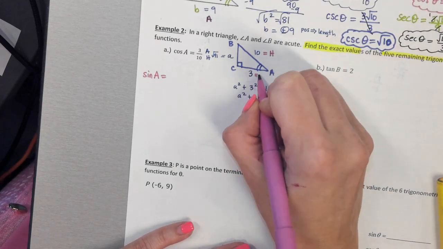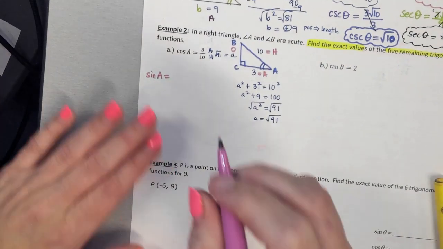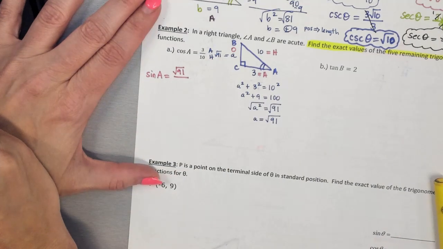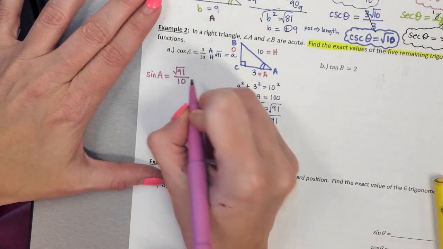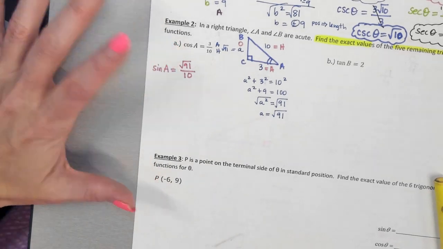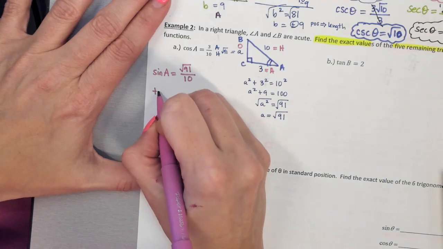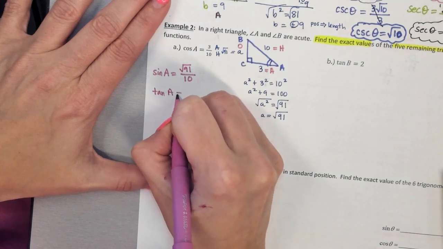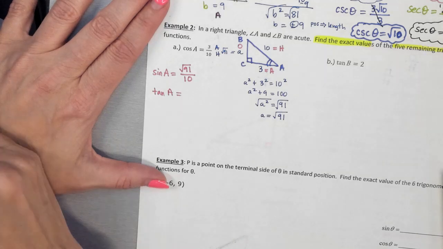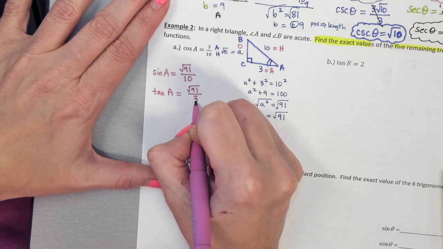We did A and H, so this one is O. So the opposite side is root 91 over 10. We already have the cosine, so I'm going to do the tangent. The tangent is the opposite over the adjacent, which is just root 91 over 3.